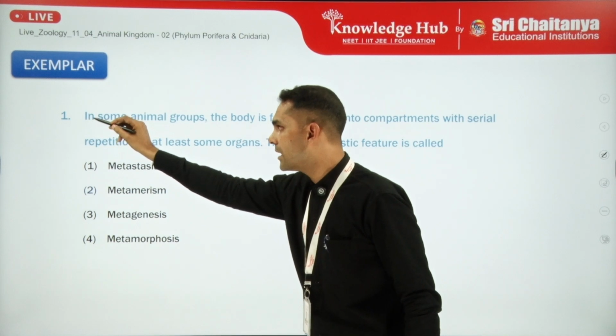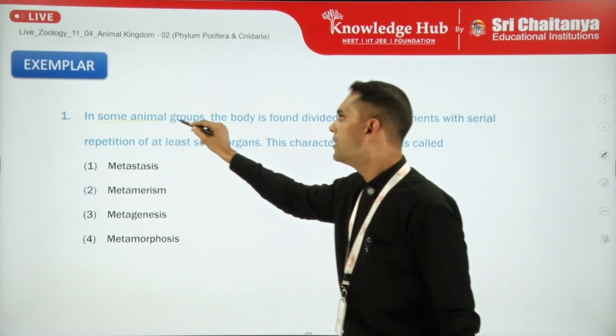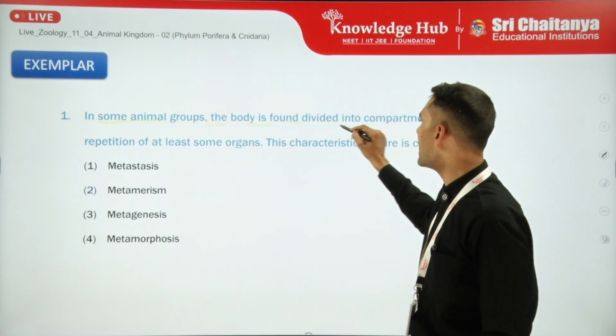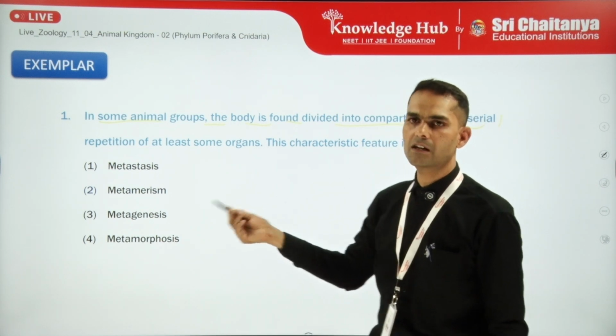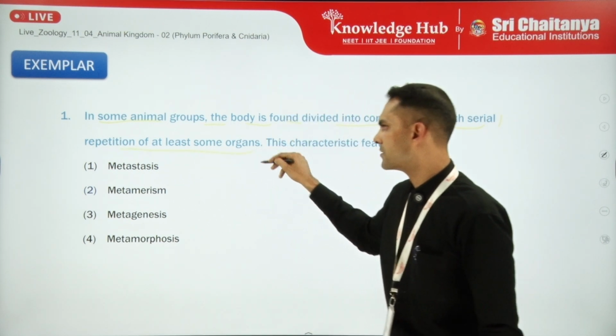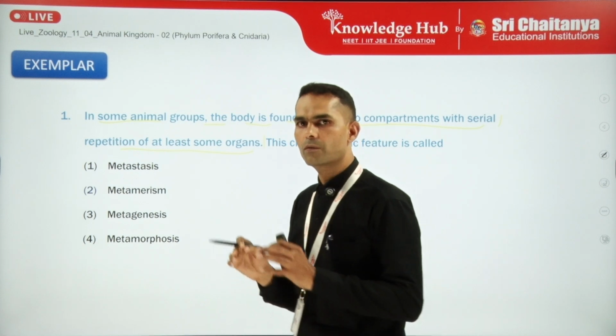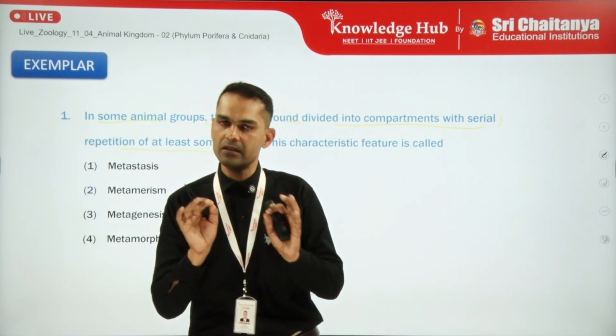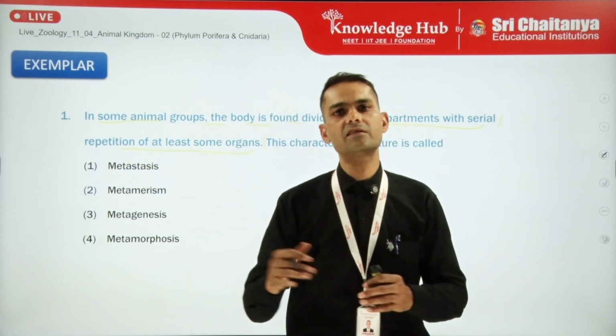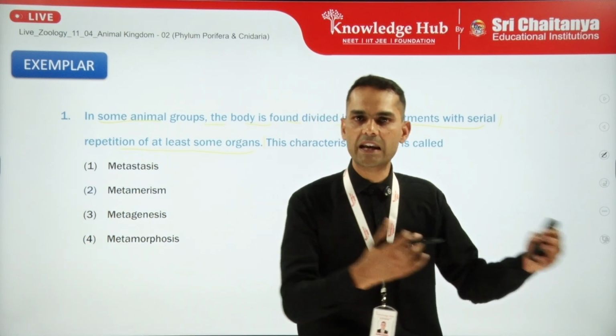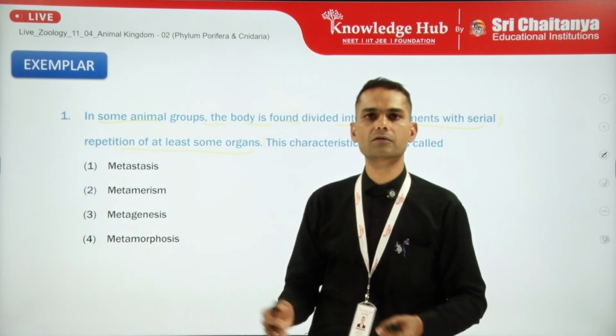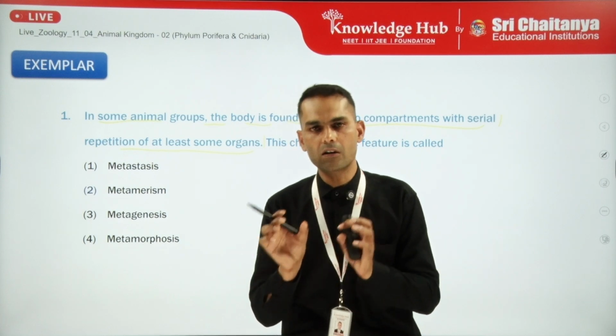So here's a single example. In some animal groups, the body is found divided into compartments with serial repetition of at least some organs. Now students, we have to emphasize the term serial repetition, because segmentation could be in many ways, it could be other segmentation also, but serial repetition is also a must condition.